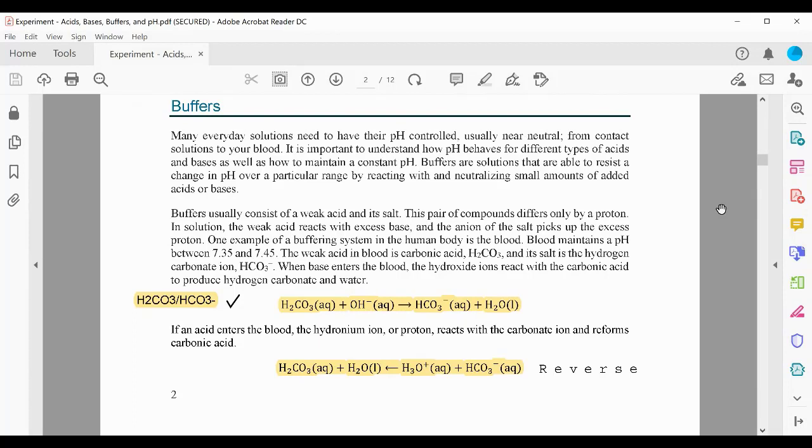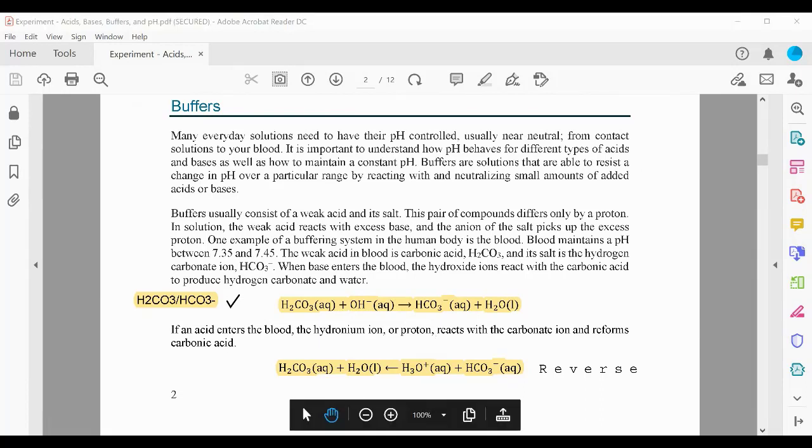And if we add the same amount of sodium hydroxide to water, the pH changes from, what is the original pH of pure water? 7. Yes, let me check because I have to go to another screen. Okay, nobody said anything.